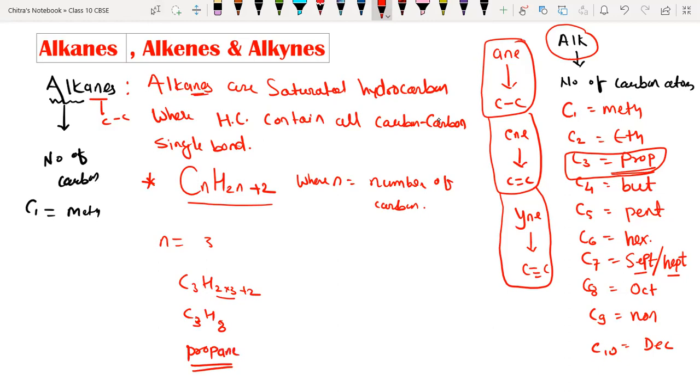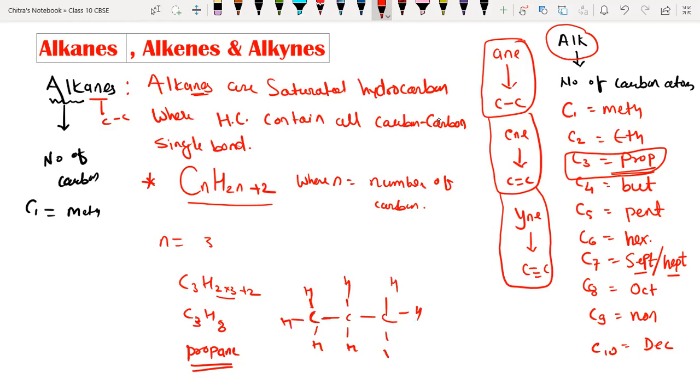If you want to draw the structure for C3H8, you draw carbon, carbon, carbon with single bonds. Carbon has valency 4. The first carbon has only 1 valency completed, so 3 valencies will be satisfied by hydrogen. So it becomes CH3, here we have 2 hydrogens, and here we have 3 hydrogens.